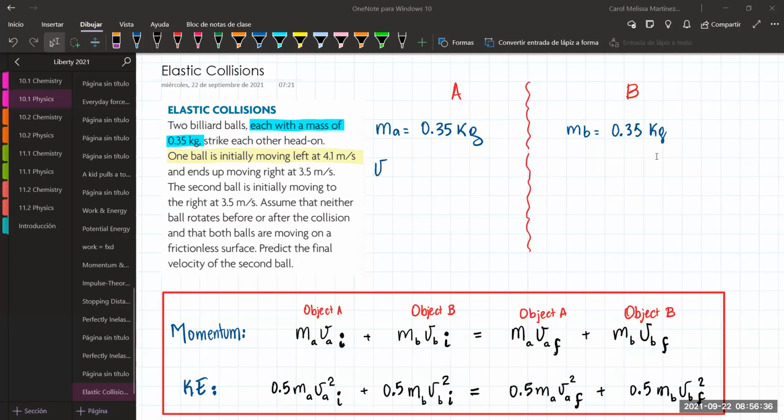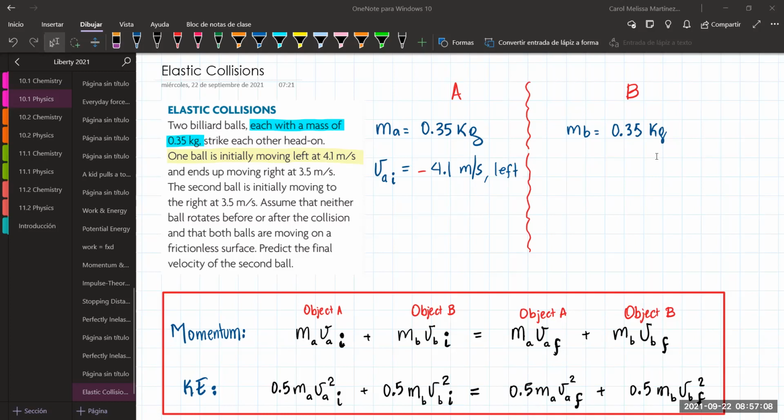It says that one of the balls is initially, so it is an initial condition of the velocity. Since I'm talking of the object A, I write the given here. It says it is moving left at 4.1 meters per second. Because it's moving left, it's going to be negative. Okay? This happens because it's moving to the left.